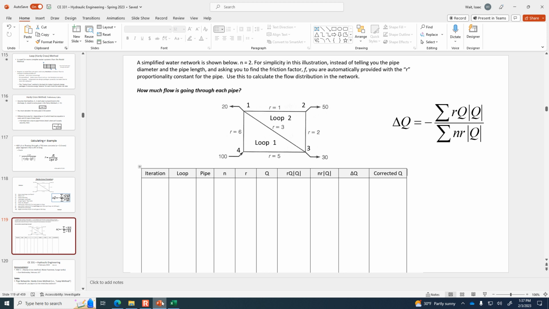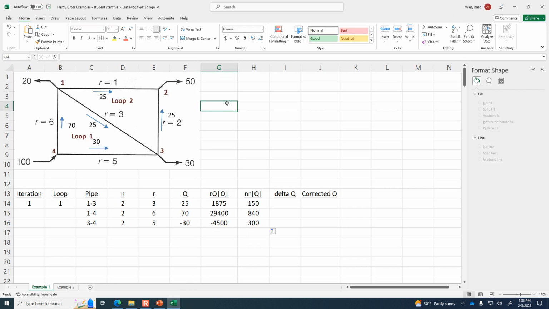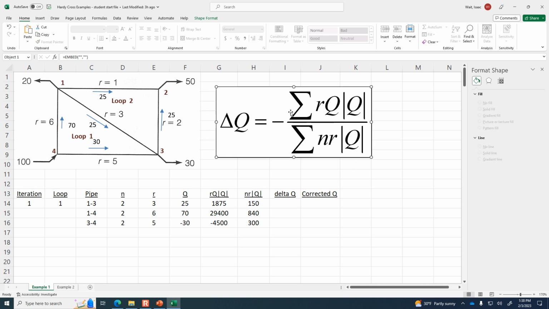If we look back to this formula, this is the formula that I'm going to be applying. Let me paste it here. So I need to know the sum of these 3 things within this loop. So here I'm going to do equals sum, and then highlight the 3 cells above it. Boy, it's nice that it's italicized already. And for this one, I'm going to do the sum of these 3 as well.